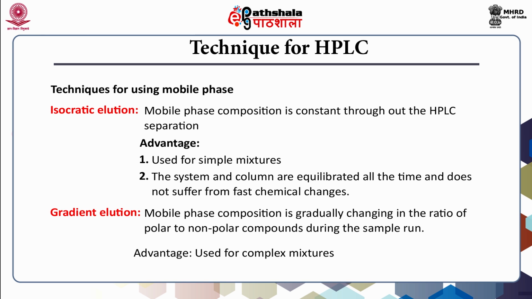In addition to these techniques based on the mobile phase, HPLC can be classified into two more categories, normal phase HPLC and reverse phase HPLC, based on another criterion that we will see in the next slide.